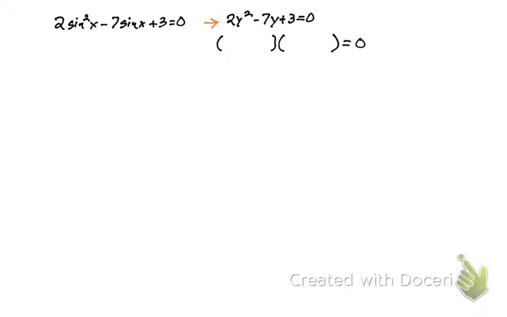So we need a y in both of those because y times y is y squared, and one of these has to be a 2. It's the only way we can have that 2y squared. Now I look at the last two terms. When I multiply them together, they have to equal 3.